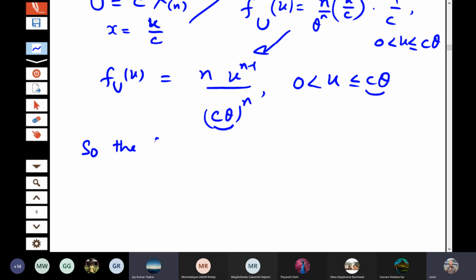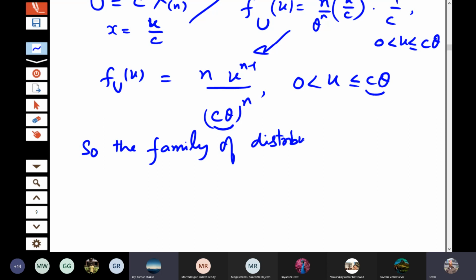So the family of distributions, earlier I have given you the example that uniform 0 theta is invariant under the scale group, but even the distribution of the maximum of the observations is also invariant.